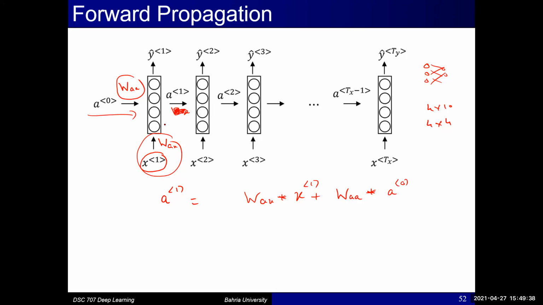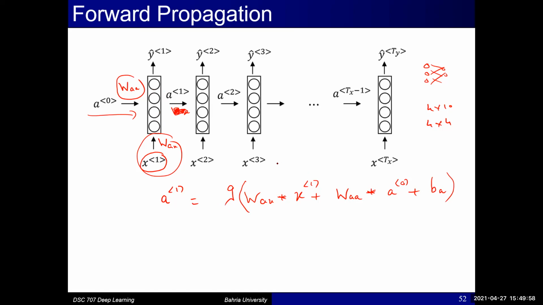You also have a bias. You have 4 neurons, so you will have a bias vector which will have 4 values. I call it BA. So you see, this is what is happening in the hidden layer. But don't forget, we do this and then we apply some activation function.